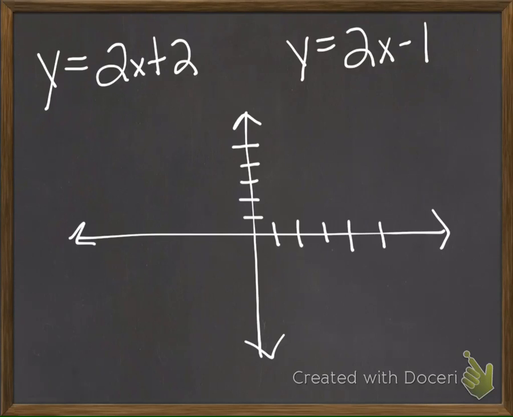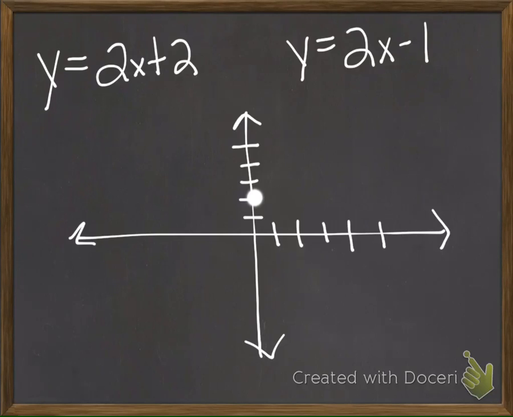Okay? And the first one we graph, 2x plus 2, what is our y-intercept? What's our y-intercept on the first one? y equals 2x plus 2. Our y-intercept is 2. Very good. Okay? And then our slope is what?